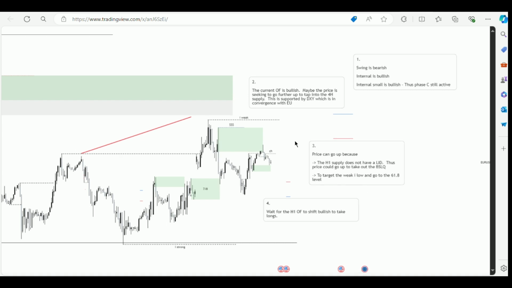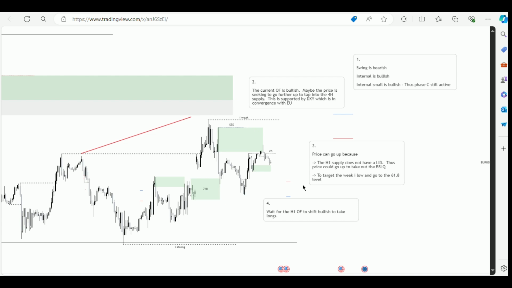And also this is 50% of the range, swing range, and this is 61.8% of the swing range. So you have known that 61.8 is the golden level for the price to reach the pullback and then come down. So maybe the price could take out this weak high, internal weak high, this buy side liquidity to go to this 61.8 percentage, respect this POI and then come down.